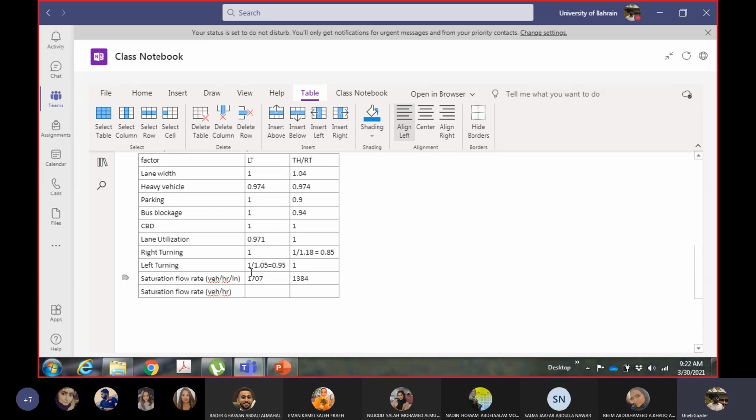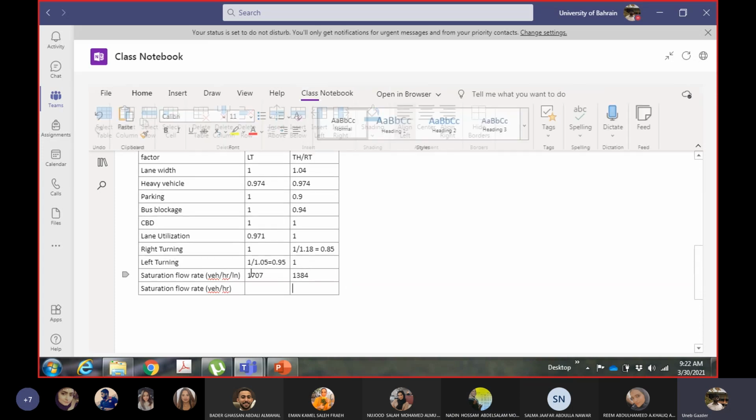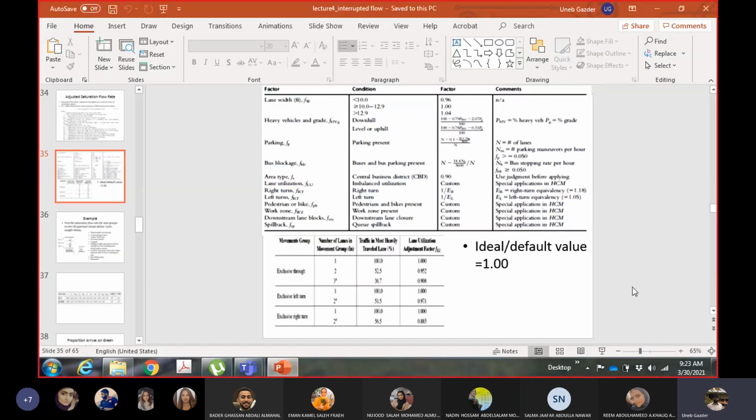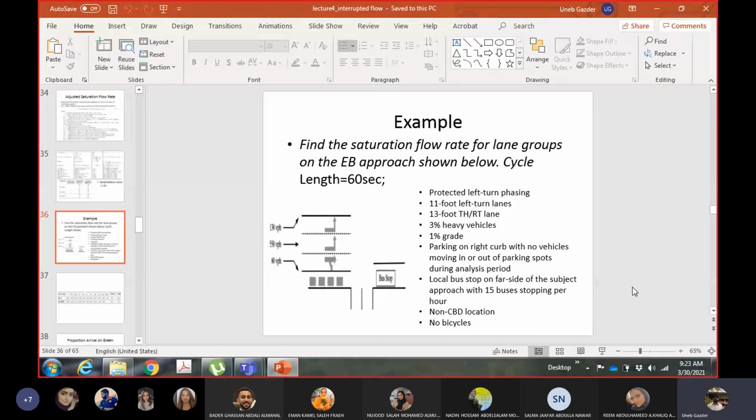Okay, so this was per lane, and it will remain the same for the right turning because there's only one lane, but for the left turning it will be doubled because we have 2 lanes. So 1707 means how much? 3414, right? Okay, so this one is per lane, and the second one is for both the lanes. Okay, simple.